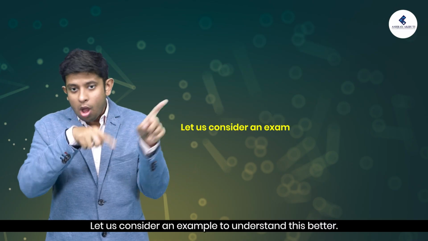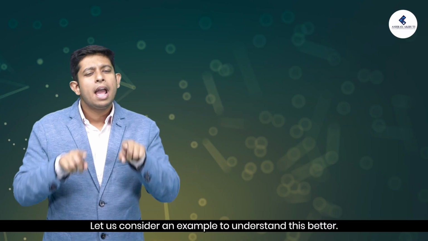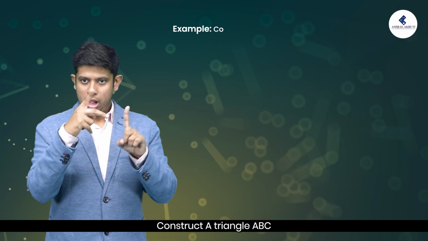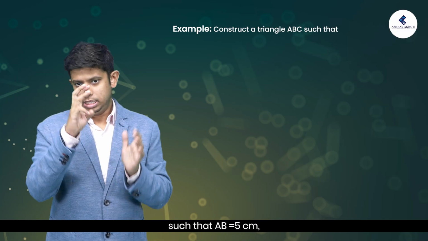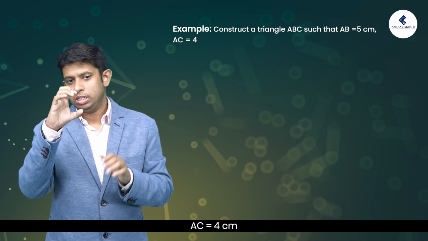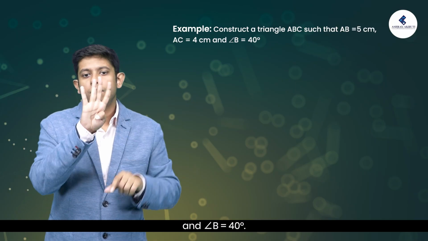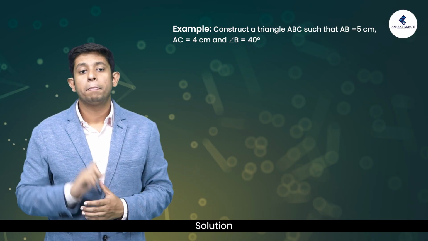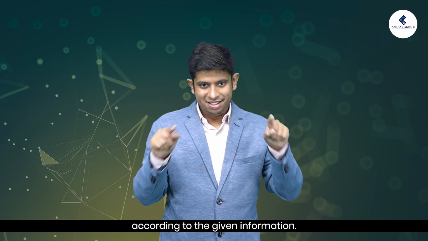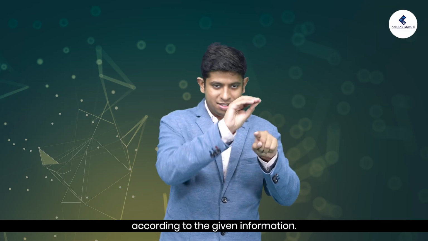Let us consider an example to understand this better. Construct a triangle ABC such that AB is equal to 5 cm, AC equal to 4 cm, and angle B is equal to 40 degrees. Solution: Step 1. Draw a rough sketch of the triangle according to the given information.